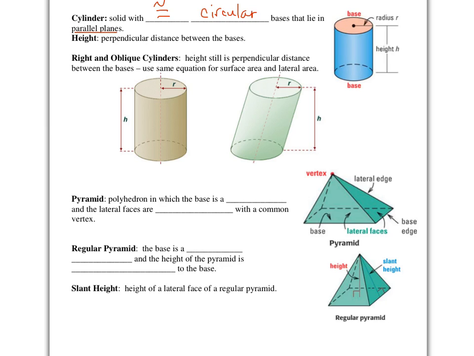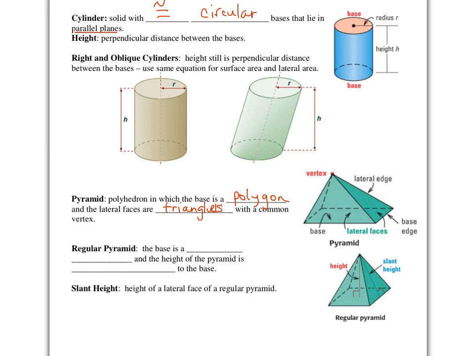For a pyramid, we have over here on the right, it's a polyhedron in which the base is a polygon, and the lateral faces are triangles with a common vertex. So if you look at the far right, you can see this.